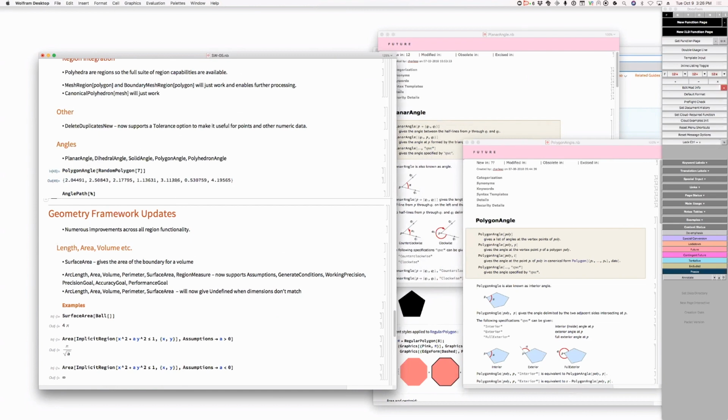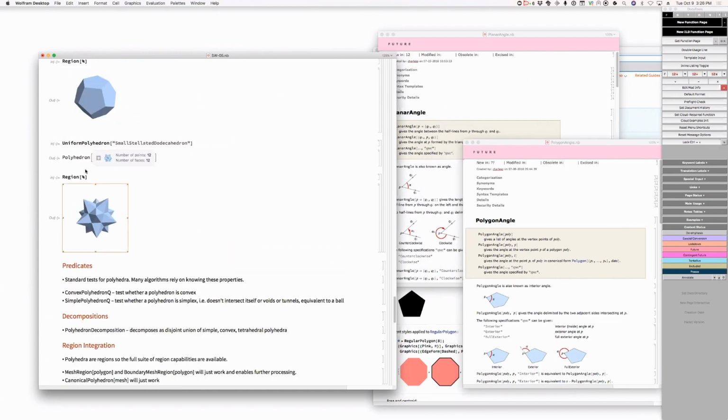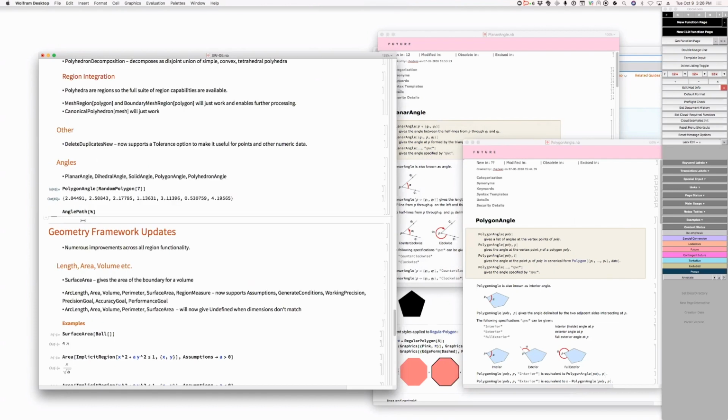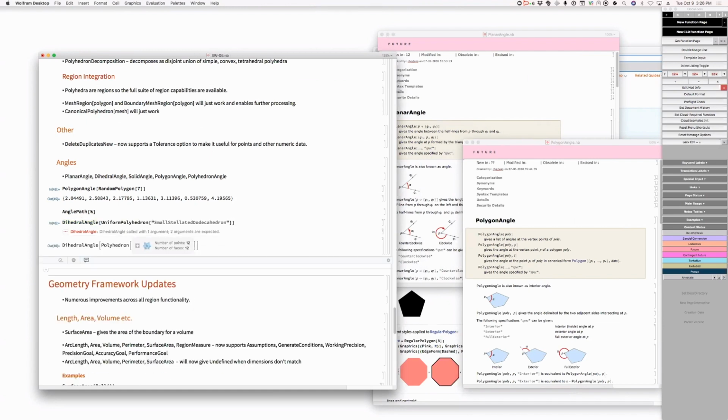What on earth is a polyhedron angle? Okay, there can be two interpretations of what that is. One is the dihedral angles and one is the vertex angles. The vertex angles are obviously solid angles. Okay, so if I say dihedral angle of this thing. Right.